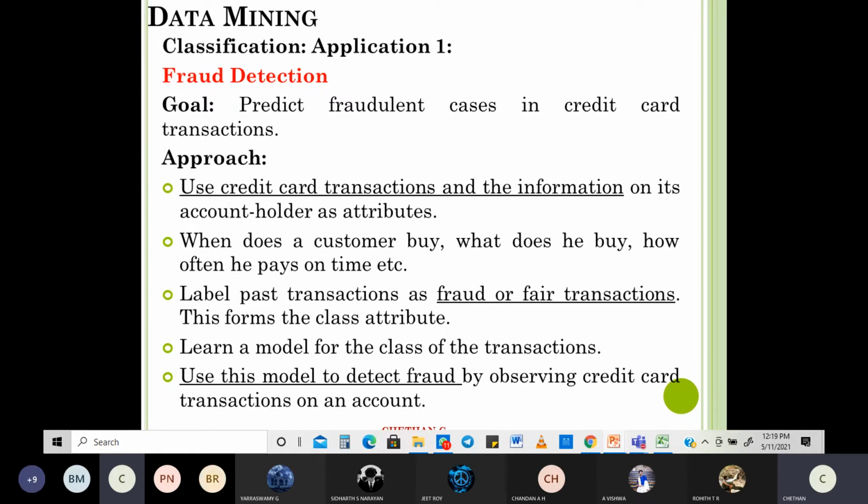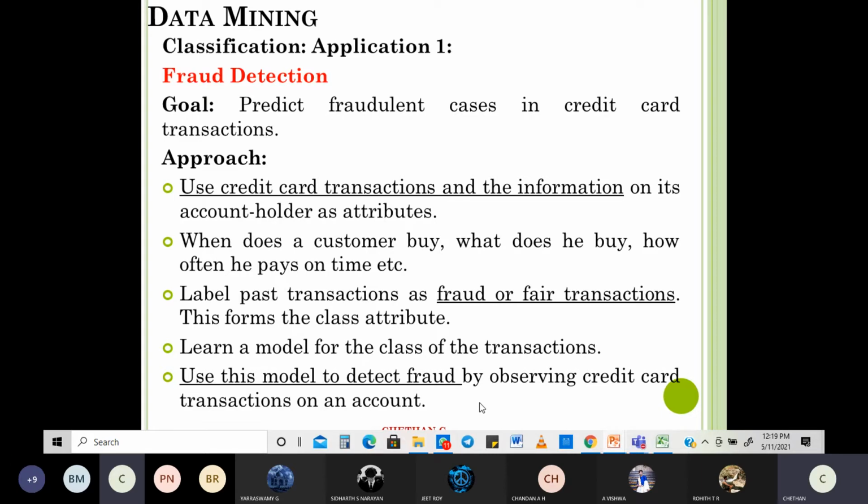See, we are having data. Based on certain data, we are predicting something. What is the data we are already having? The data we are having is his past transactions. What are we trying to predict? Whether he is going to do the fraud or not. We are going to learn a model for the class of transactions. Then we are going to use this model to detect fraud by observing the credit card transactions on the account.